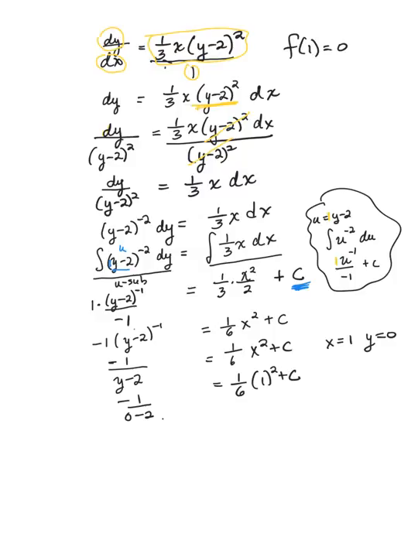So we keep going. We get 1/2 equals 1/6 plus c. So c is equal to 1/2 minus 1/6. When we rewrite this as 3 over 6 minus 1 over 6 equals c, c comes out to be 2 over 6, which is 1/3.